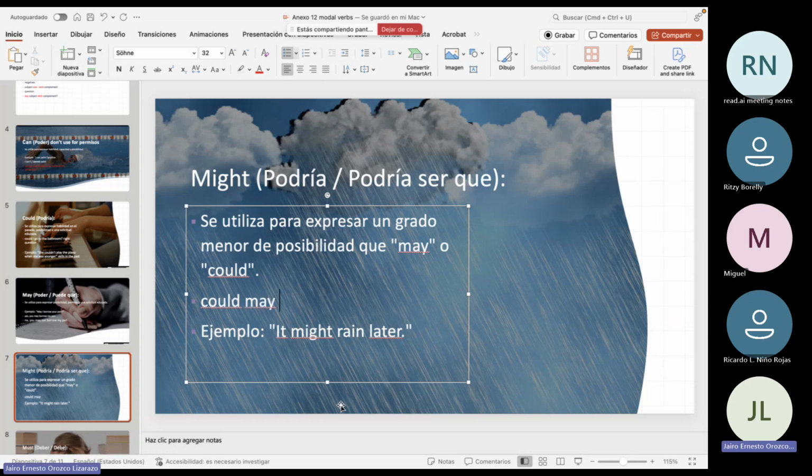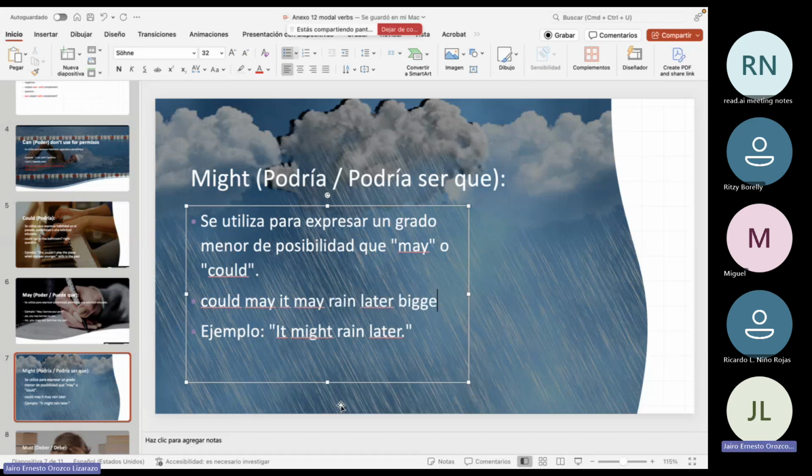Let's suppose that in the sky we have a dark sky. There are many clouds, and there are a few drops of water falling, right? So there is a bigger chance to rain. So if there is a bigger chance to rain, we have to say it might rain later.